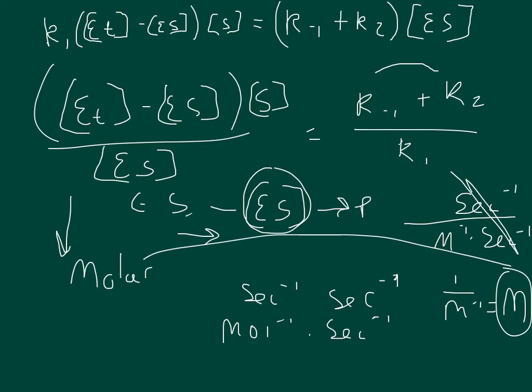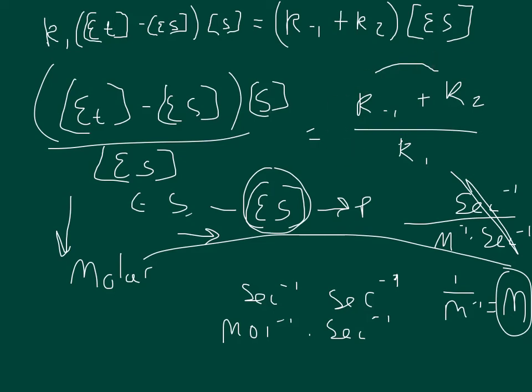Now the second thing I want to talk about is this. This right here is an important part of Michaelis-Menten enzyme kinetics. So k-1, basically the enzyme-substrate breaking apart, plus k2, the enzyme-substrate forming product, divided by k1, the formation of the enzyme-substrate complex.